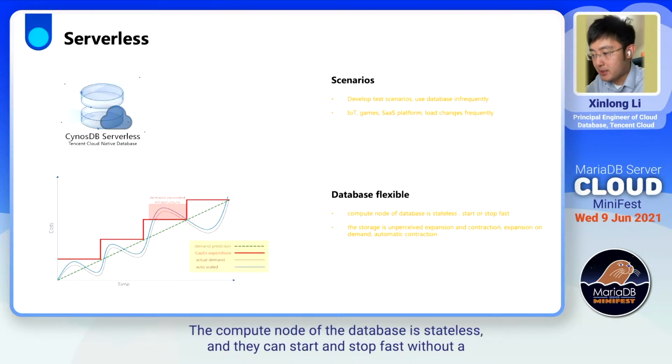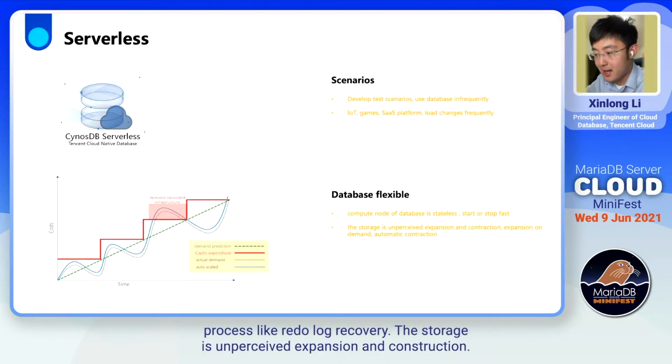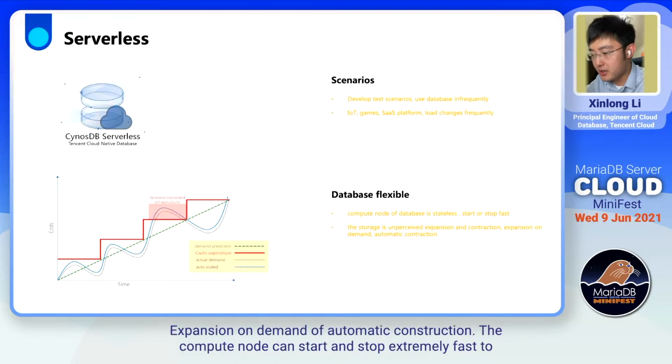The compute node of the database is stateless, and it can start and stop fast without processes like redo log recovery. The storage is perceived for expansion and construction: expansion on demand, automatic construction.